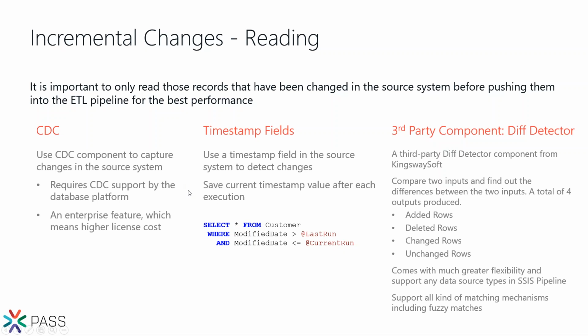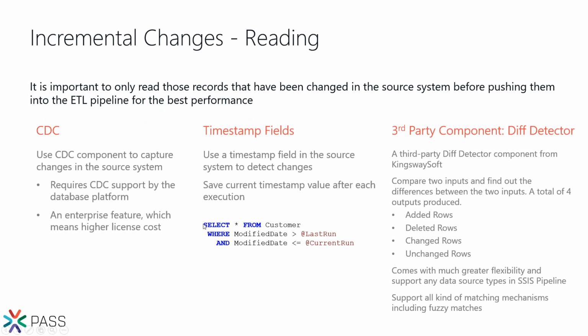So let's talk about incremental change, starting with the reading aspect. When you read data, if you have a way to read incrementally, that would give you the best performance. The reason is the less data you process in your SSIS pipeline, the better performance you can get. There are different strategies you can implement. You can use the CDC component, the change data capture component, that can capture changes in the source system.